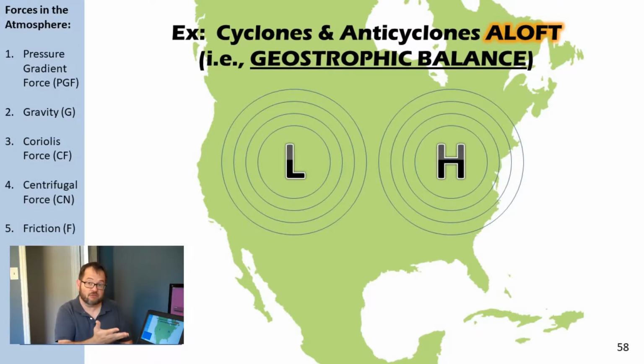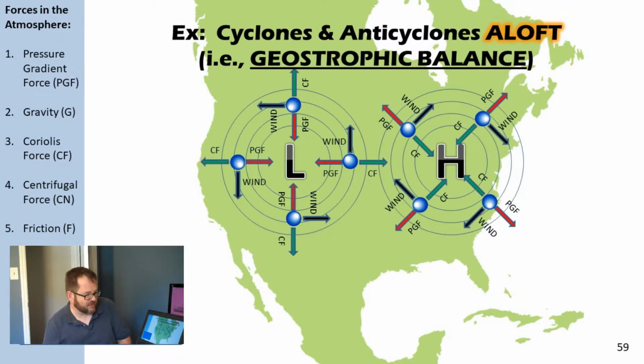And if we have that, all we need is these isobars to get a visual idea of what the geostrophic wind should look like. In fact, I picked 8 places on this map to illustrate what the forces look like and how the wind is working. Any one of these places you can take a look at on your handout and see how the air parcel is experiencing two forces that are equal and opposite.